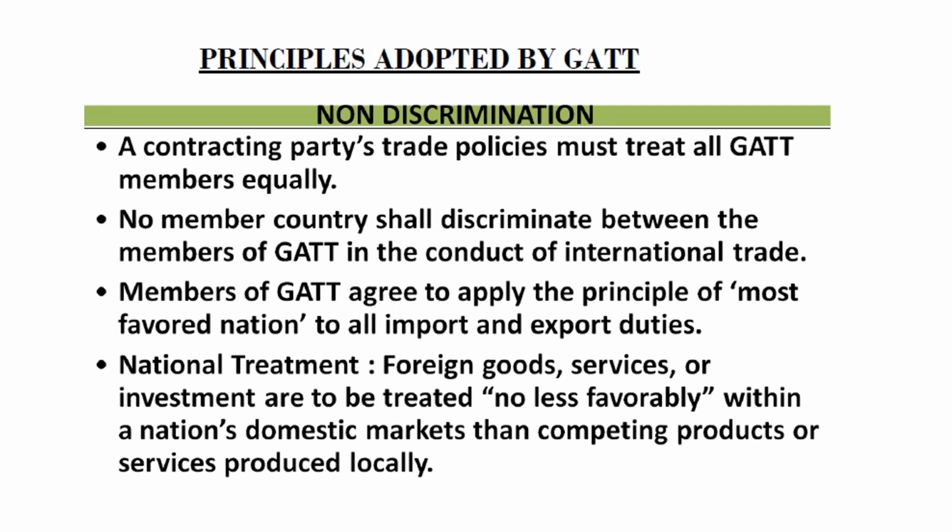No member country shall discriminate between the other members of GATT. Members of GATT agreed to apply the principle of most favored nation to all import and export goods. And national treatment: foreign goods, services, or investment are to be treated not less favorably within the nation's domestic markets than competing products or services produced locally.